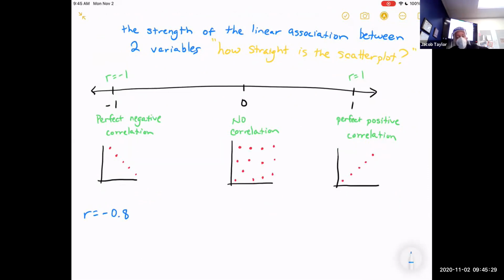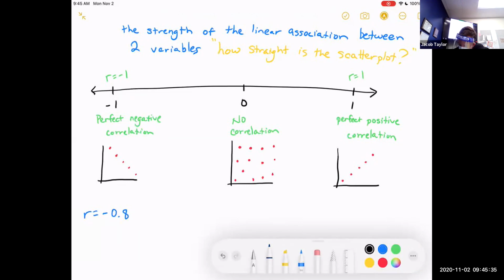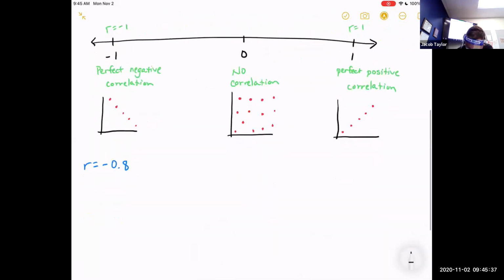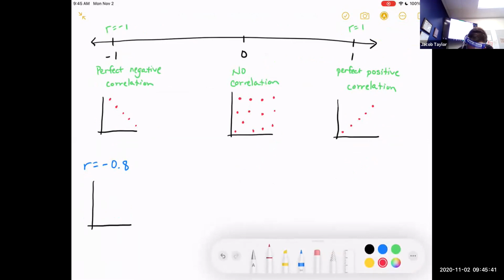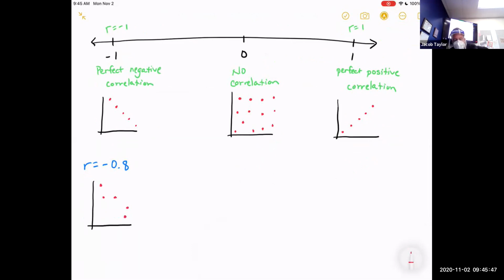That's closer to negative 1 than 0. So negative 0.8 might look like this. It's negative, so it's going down. And you can see that the dots aren't in a perfectly straight line, but they're pretty close.